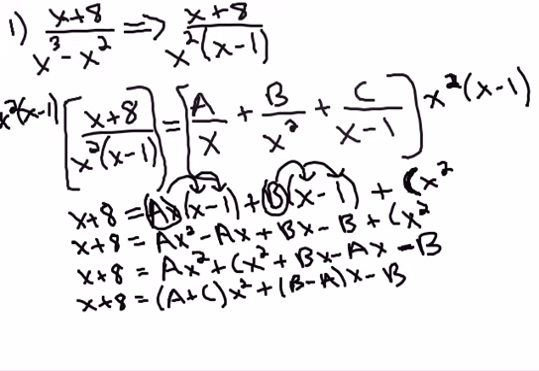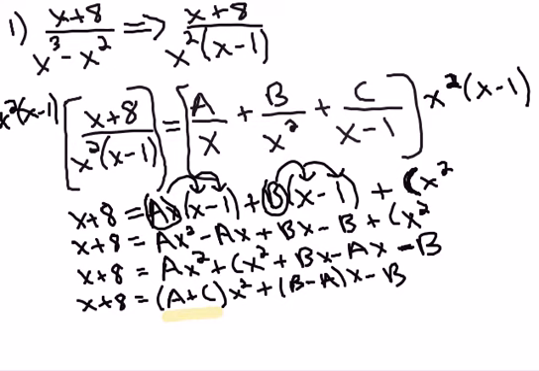So I'm going to do my best to show you how to compare the coefficients of the two sides so that you can set up a system of equations and find a, b, and c. So a plus c here is the coefficient of x squared. If you notice, there is no x squared over here.